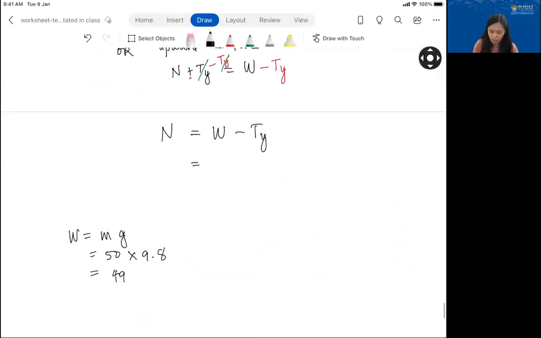Quick check: 50 times 9.8, yeah, 490 newtons. And then for tension Y, that's tension sine theta.